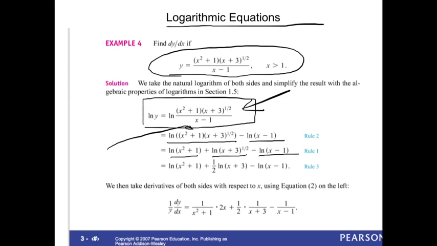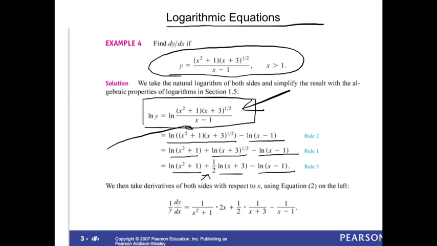Now we simply write down for ln of x squared plus 1, just rewrite the expression. But the ln of x plus 3 to the power 1/2 can be written as 1/2 ln of x plus 3. And then, of course, we have minus ln of x minus 1.